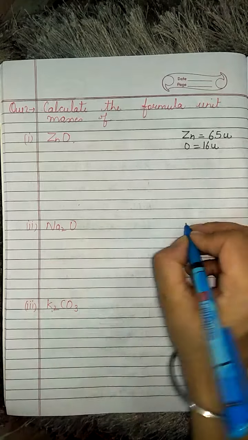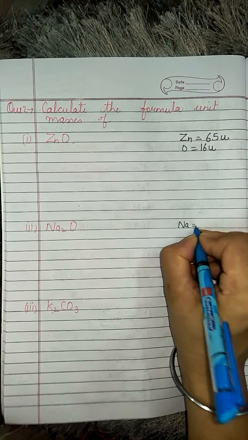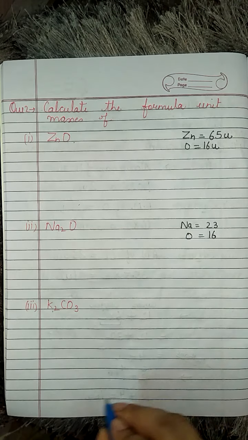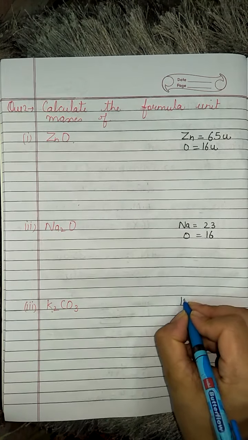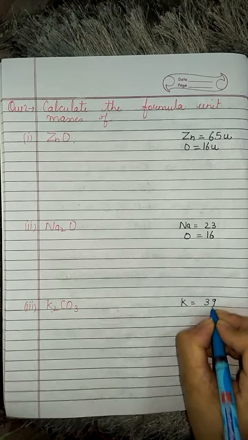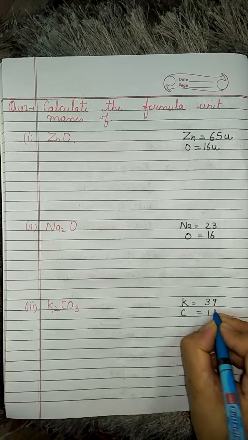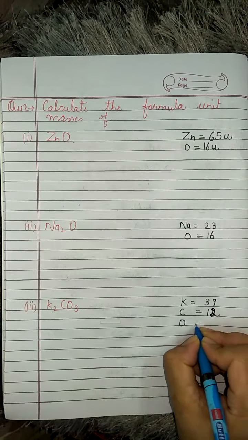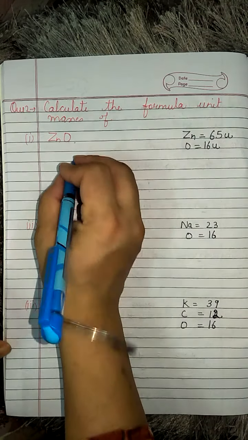Then comes sodium. Atomic mass for sodium is 23. Oxygen we know, it is 16. Then atomic mass for potassium is 39. For carbon it is 12, and for oxygen it is 16. So let us start.